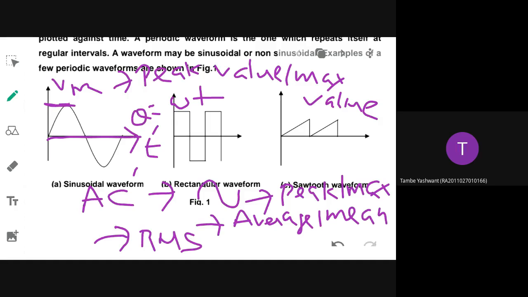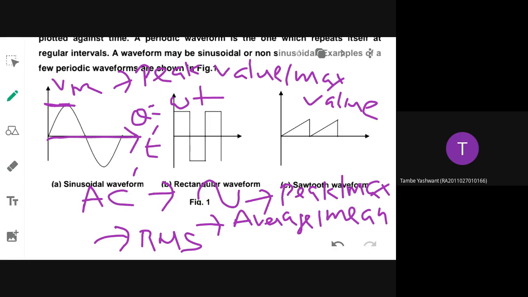You need to know peak value or maximum value. It is easy to visualize. As given in the waveform, you can observe and write down what is the maximum value. But you don't know how to derive the equations for mean or average value and root mean square value, but there are procedural steps that you have to follow for deriving it depending upon what waveform is given to you.